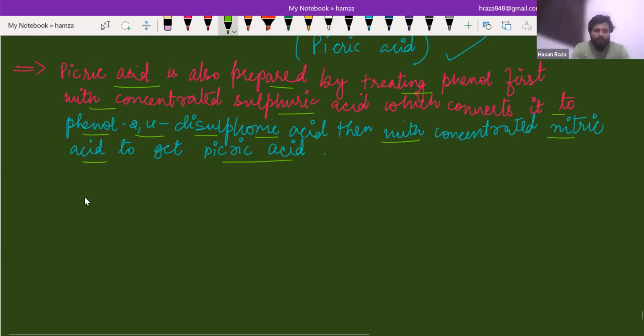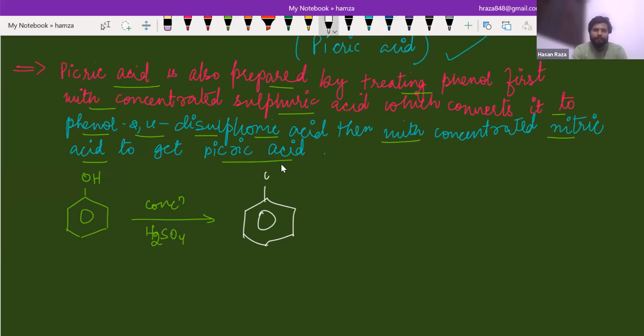it's very easy. If you treat this phenol with concentrated H2SO4, you will get 2,4-disulfonic acid, with SO3H at both positions.